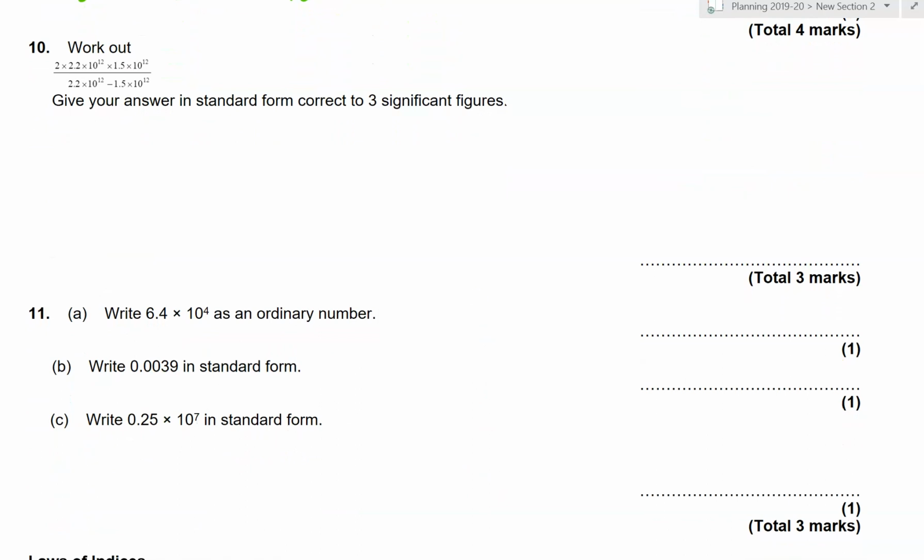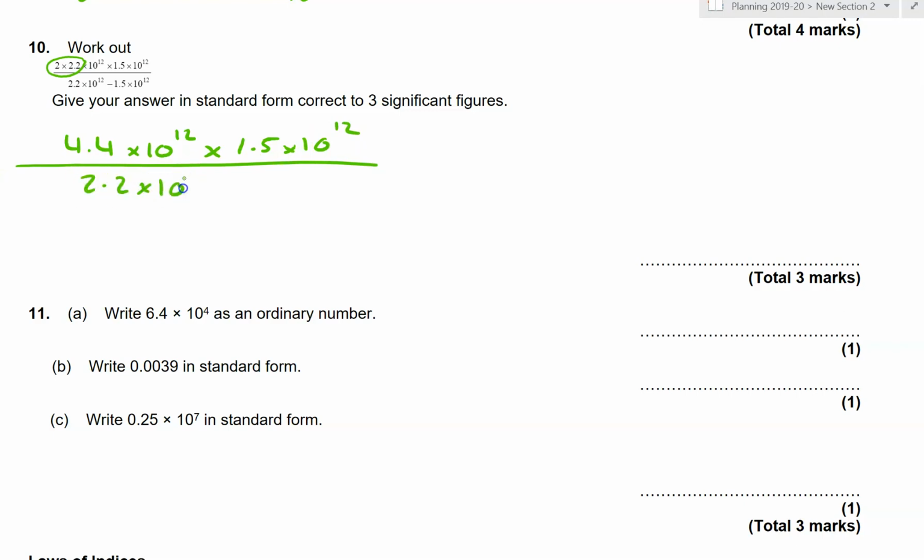That one doesn't look particularly nice. Okay, let's see what we've got. So I'm first of all going to simplify that bit. Don't like that it's got 2 numerical bits, so I'm going to do 4.4 times 10 to the 12 times 1.5 times 10 to the 12 over, can't really do a lot down there yet, 10 to the 12.